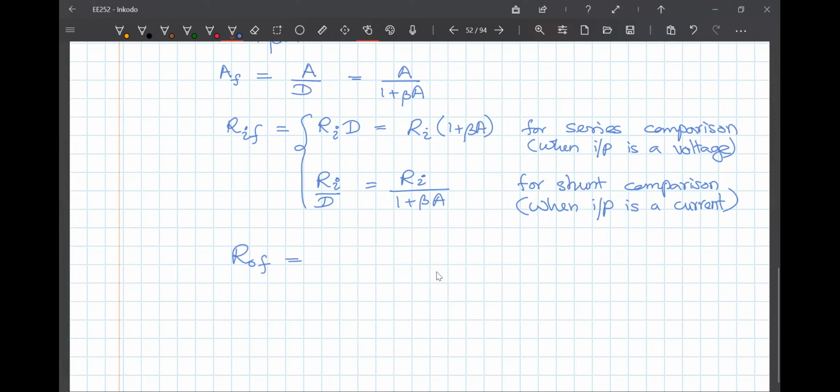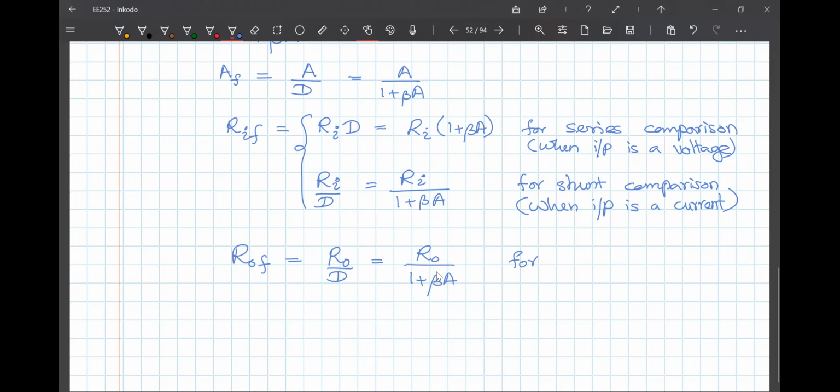Okay, so similarly the output impedance with feedback, again depending on whether you have a voltage output or current output. In other words, depending on whether you sample it in shunt or in series, it will be either increased or decreased. So for example, the output impedance will be decreased, less than the output impedance without feedback, for shunt sampling.